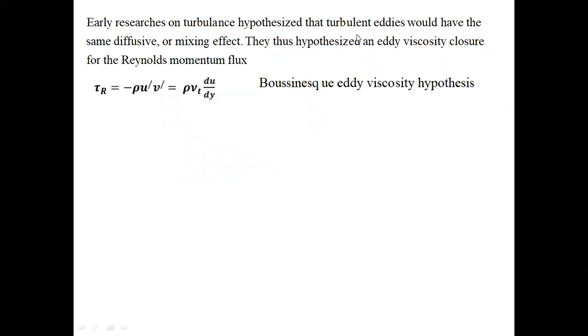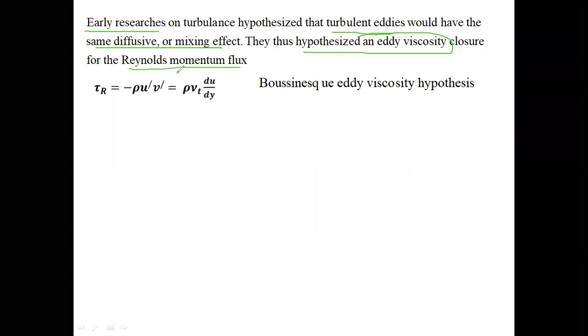Okay, right. Then, in past research on turbulent flows, they hypothesized that the turbulent eddies would have the same diffusive or mixing effect. Therefore, they hypothesized an eddy viscosity closure for the Reynolds momentum flux.